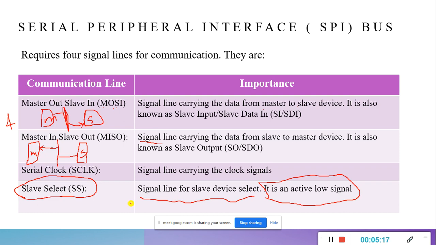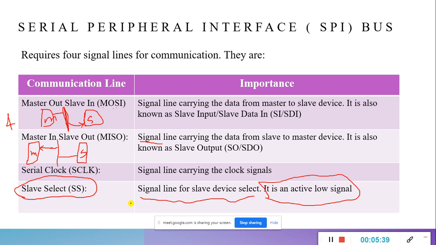If in the class I ask a question, whoever knows the answer, those students will raise their hand. That is the signal by which I get to know that these many students know the answer. That is the case with the I2C bus.